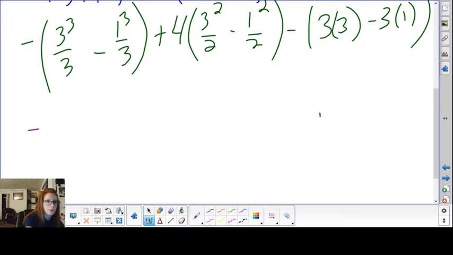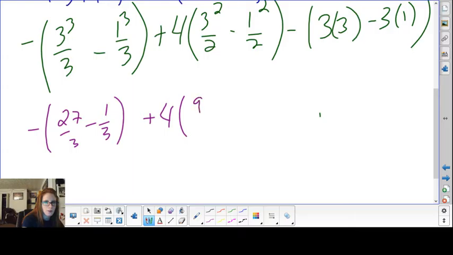Three cubed gives me 27 over 3 minus 1 over 3, plus 4 times 9 over 2 minus 1 over 2, minus 9 minus 3.